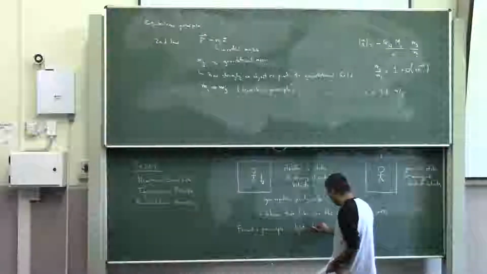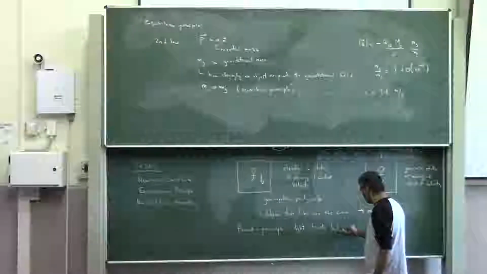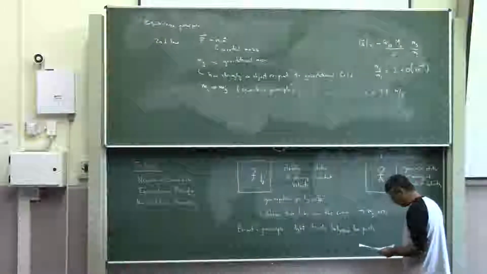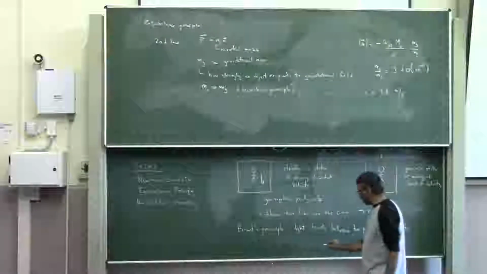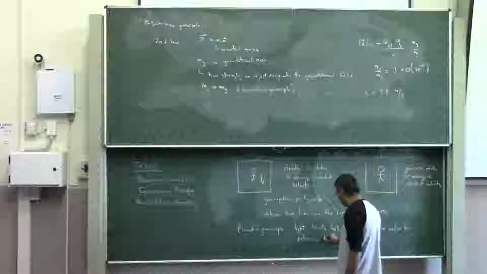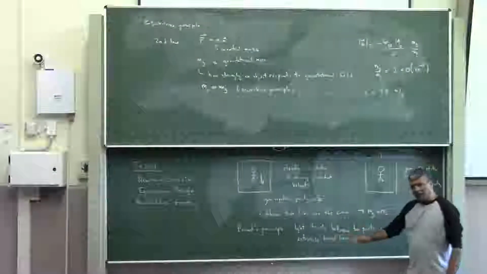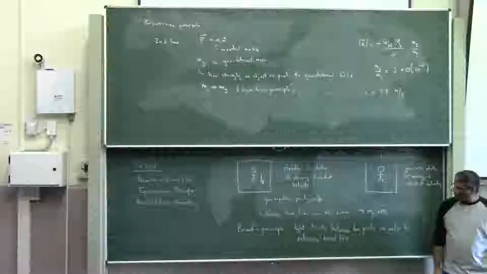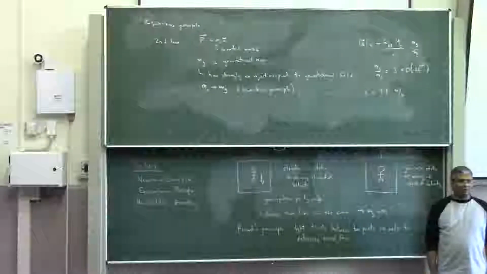His observation was that light travels between 2 points in order to extremize the travel time. Usually, extremization means you're minimizing something. There are setups, however, in optics where you're maximizing something. So that's why I use the word extremize instead of minimize.